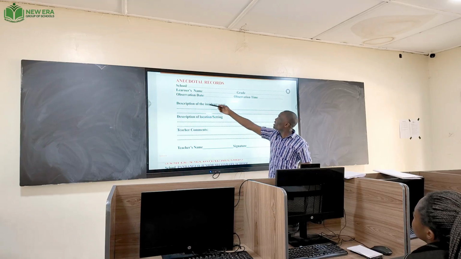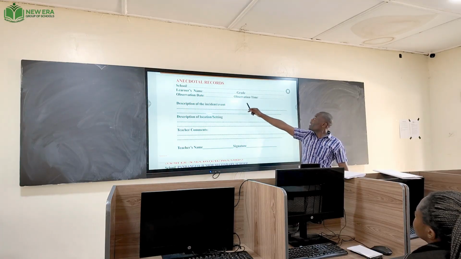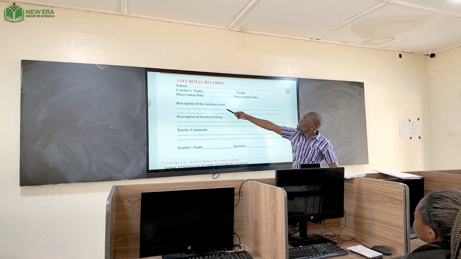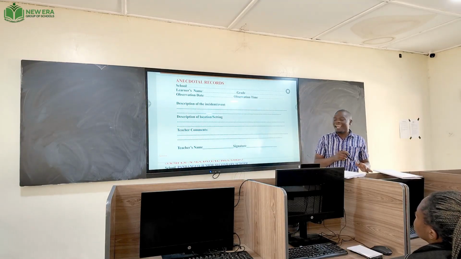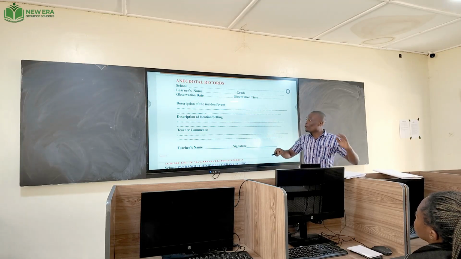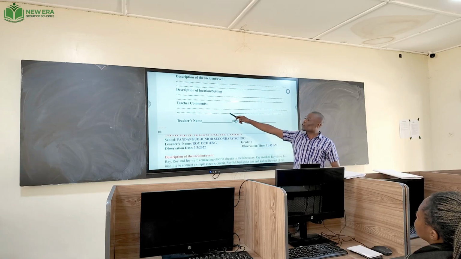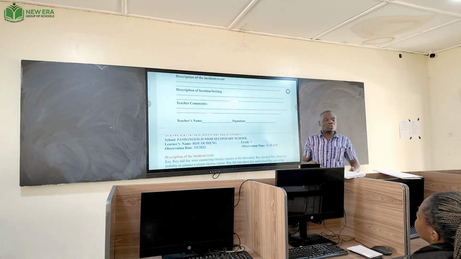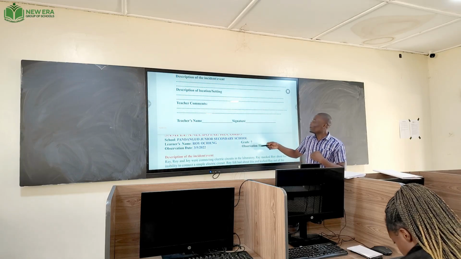So: the learner's name, observation date, grade or form, observation time, then the description of the event, how it happened. The desks were poorly organized. Then the setting, then the teacher's comments, where you recommend what should be done to encourage the learner to continue with the skill.